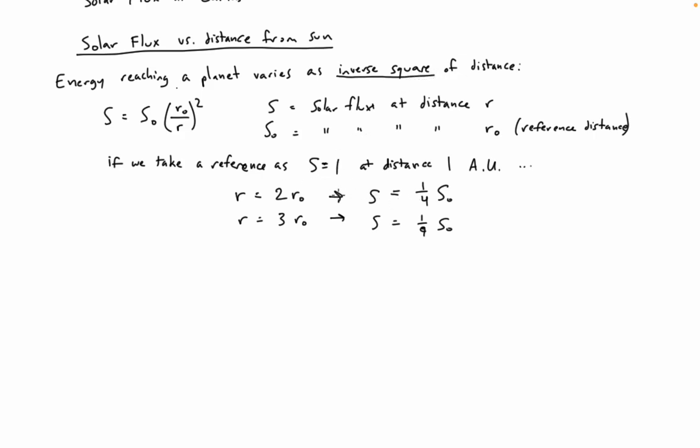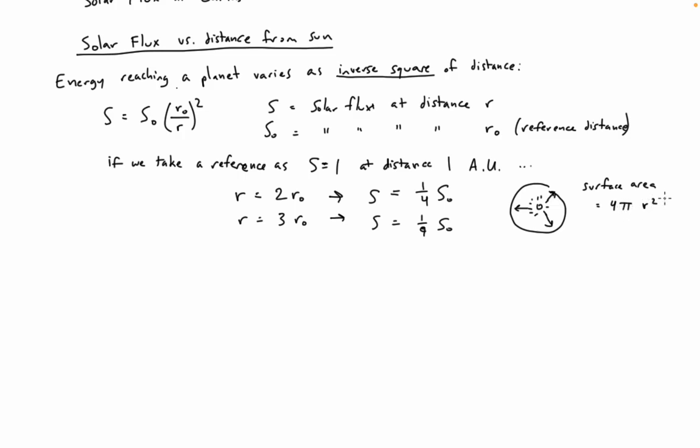The reason it's inverse square is, if you think about something emitting energy in all directions, it's getting spread out, right? It's 3 dimensions, so the surface area of a sphere is 4 pi r squared.